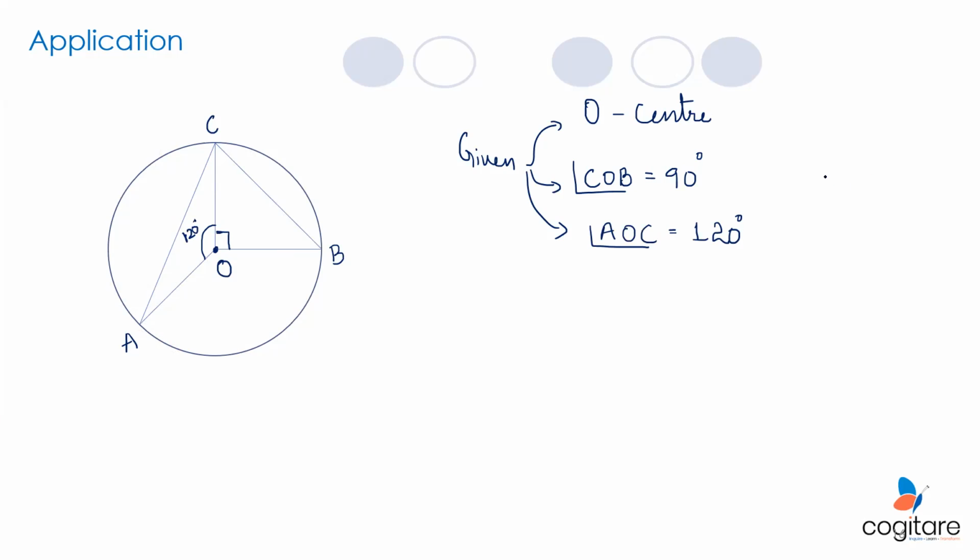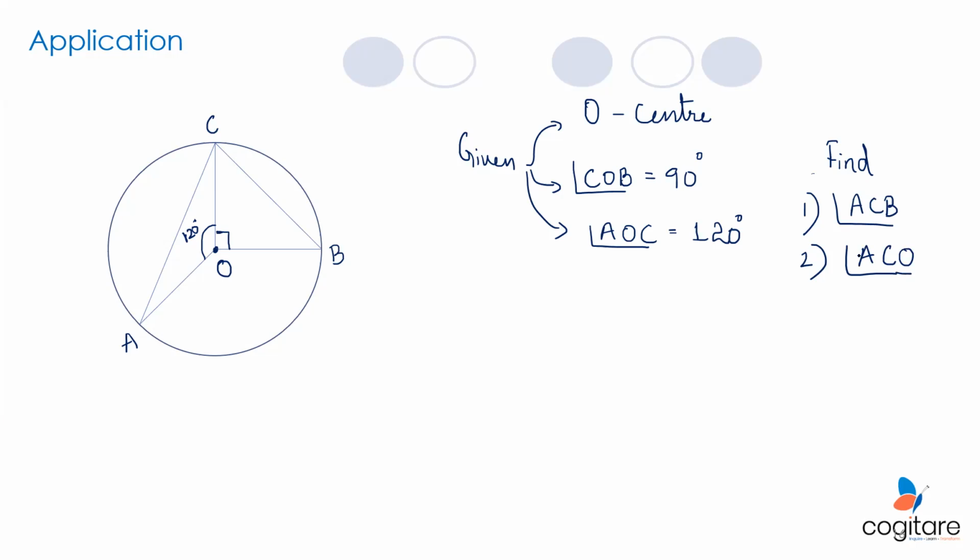Now the question is, find the measure of angle ACB. Okay, that's the first one. And let's also see if there is some way we can find the measure of angle ACO.